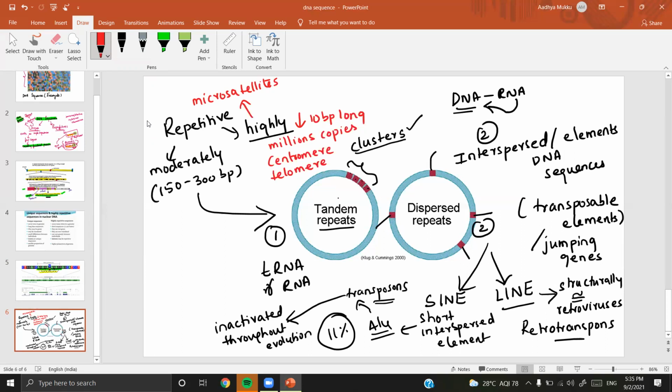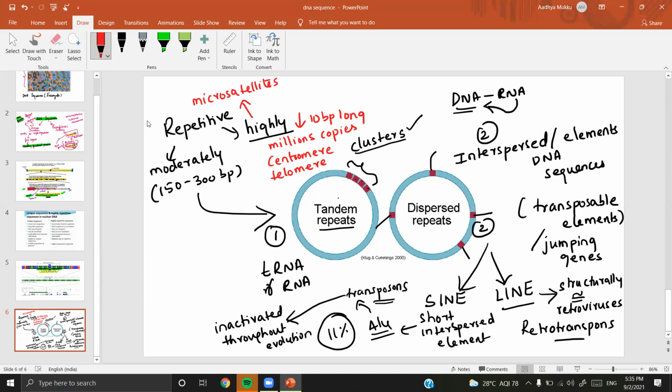I'm repeating once again, remember why we call them microsatellites: when you perform DNA separation techniques by high speed and high density gradients, these repetitive units are very different from the other, unique DNA sequences.